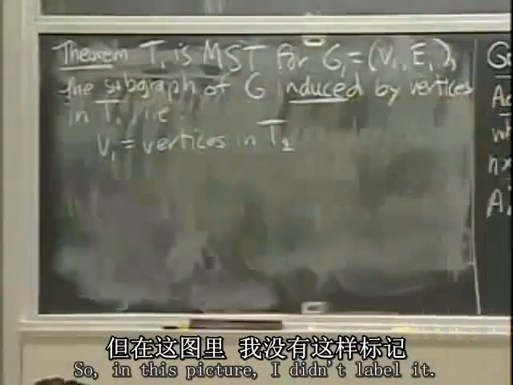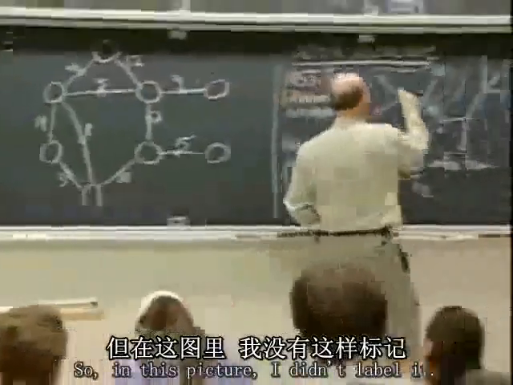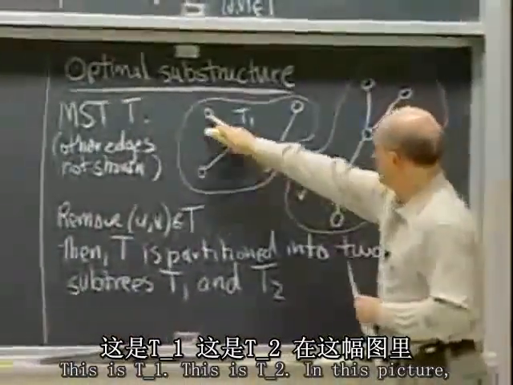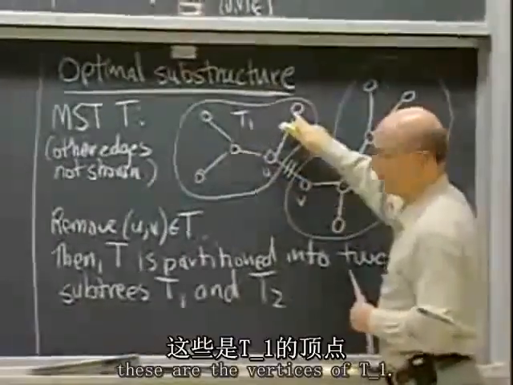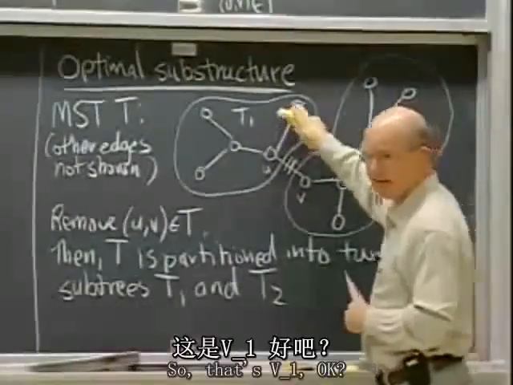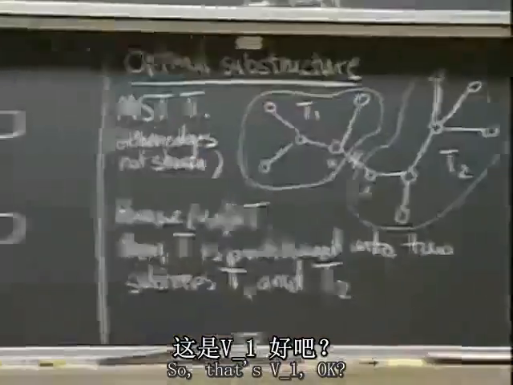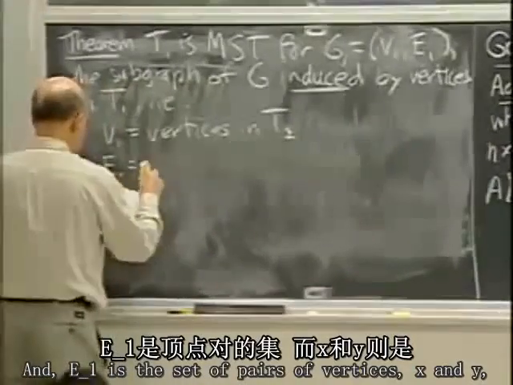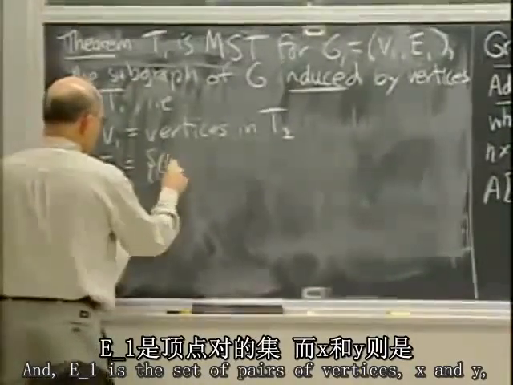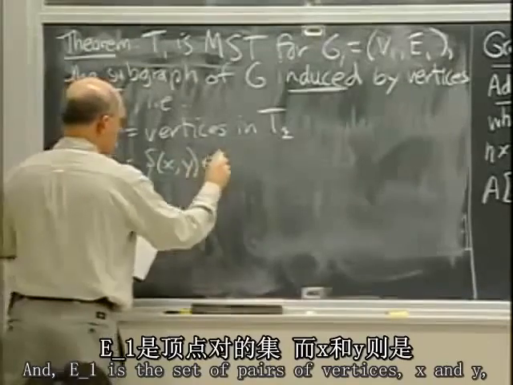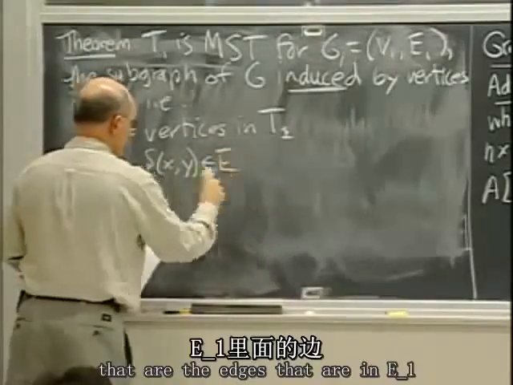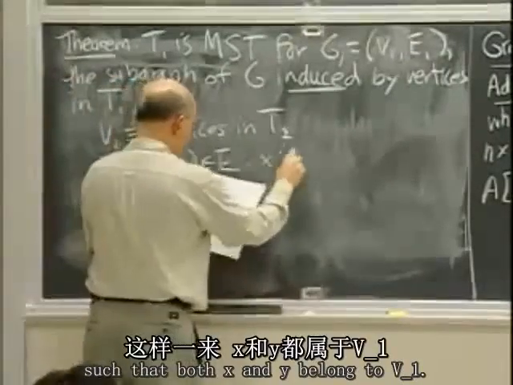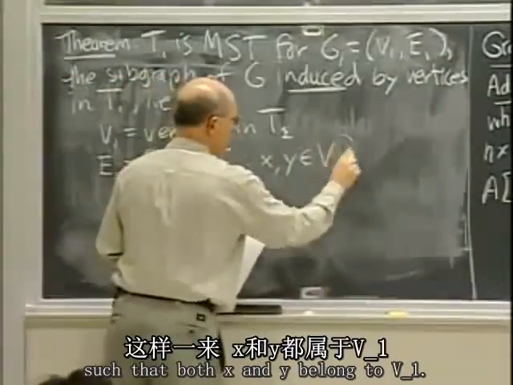So in this picture, I didn't label it. This is T1. This is T2. In this picture, these are the vertices of T1, so that's V1. Okay? And E1 is the set of pairs of vertices x and y that are the edges that are in E, such that both x and y belong to V1.